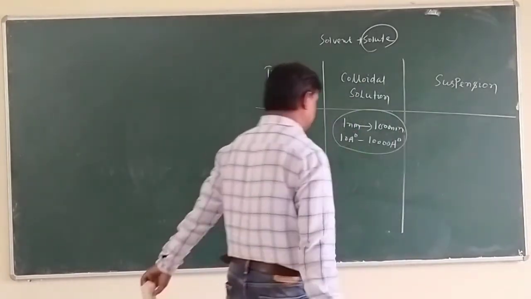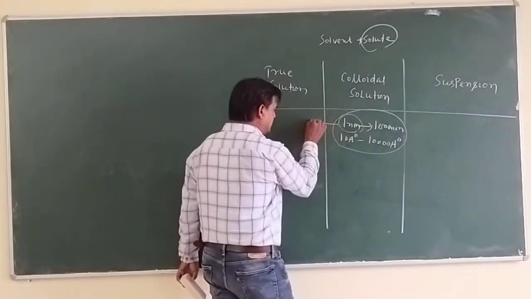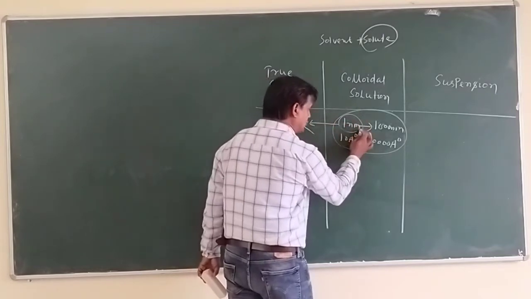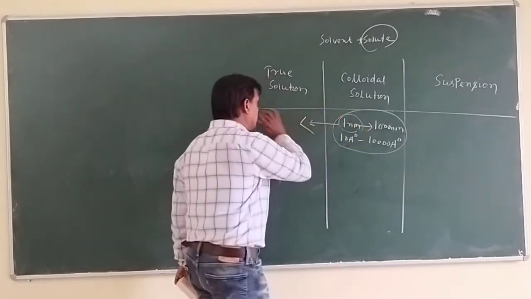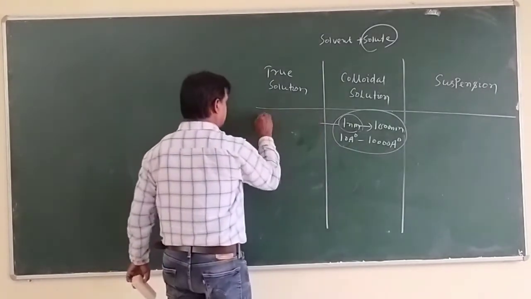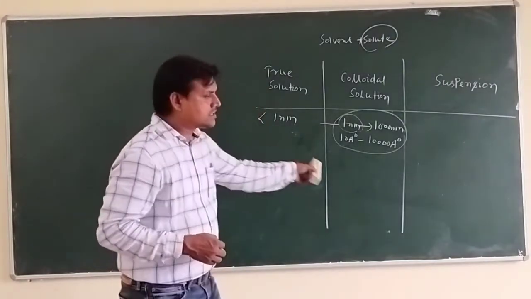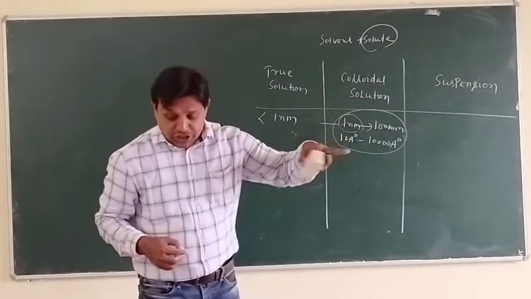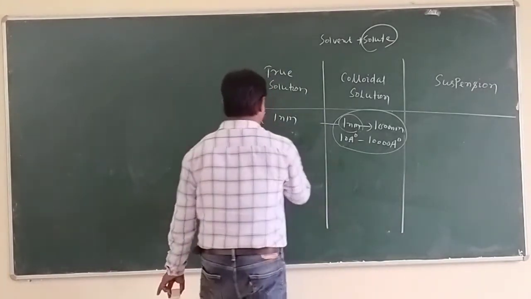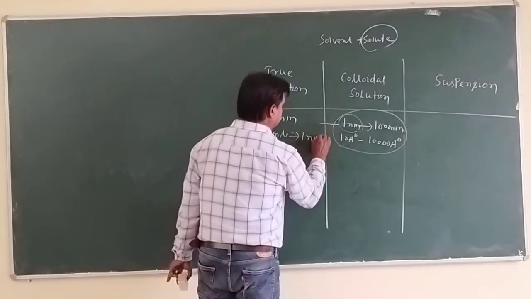If the size range of the solute particle is less than 1 nanometer, it is known as true solution, or you can say 1 millimicron to 1 nanometer.